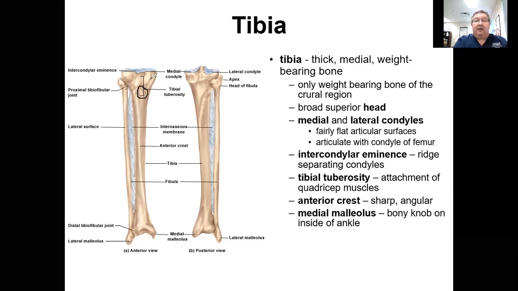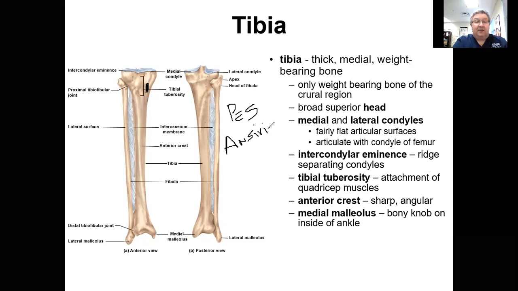Now, there is an area here that I want you to know. On the anterior medial side, there is an area known as the pes anserine. A-N. Pes anserine. Just keep this in your mind, all right?